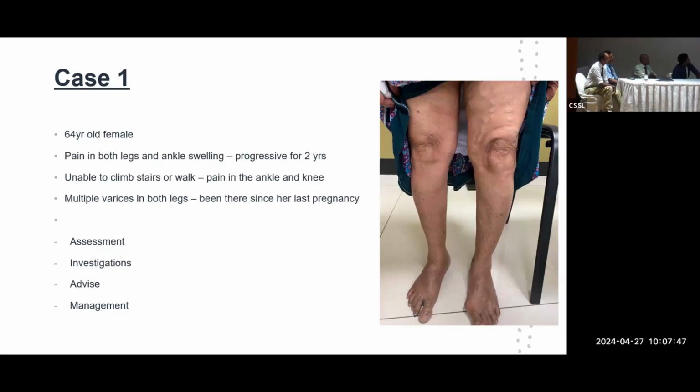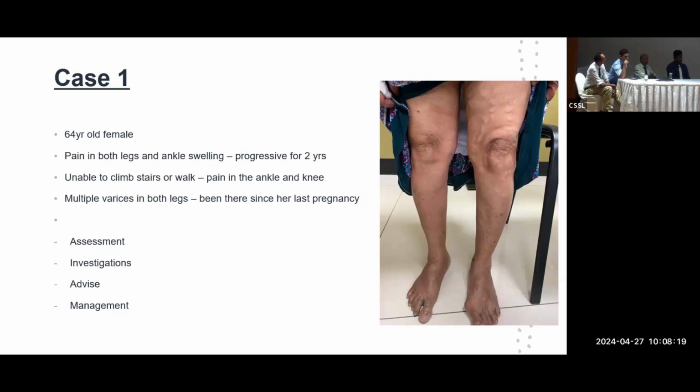I need to first make sure that it's not musculoskeletal pain that she's having. And if it's mainly musculoskeletal pain, I will explain to the patient that whatever we do for the varicose vein will not cure her problems. So, Elena, what do you think?